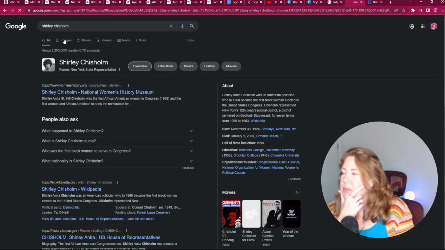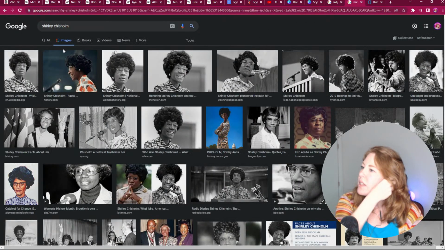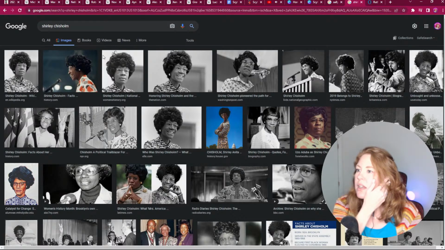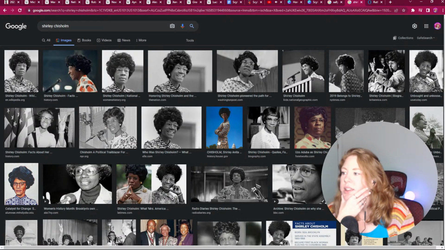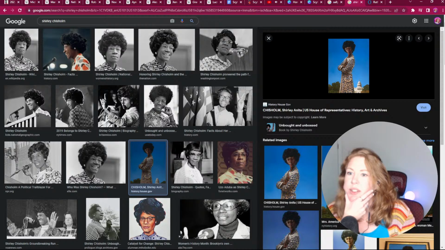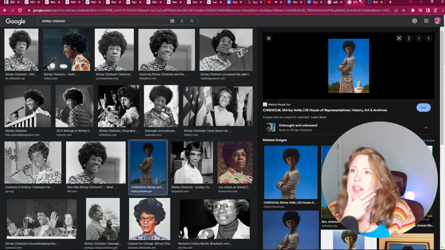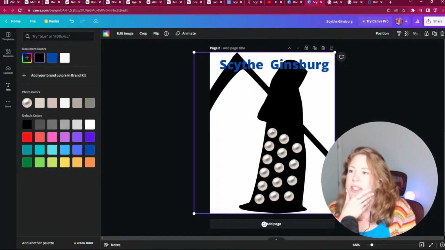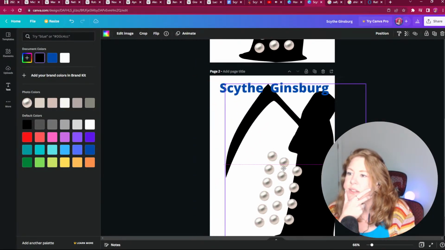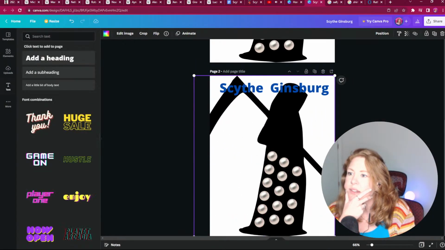Shirley Chisholm. Let's see some pictures of Shirley Chisholm. Okay, so I feel like this is a good robe color to use. Her crazy patterns, right? I love that. Okay, can I do that? Is that possible? Can I make that appear?